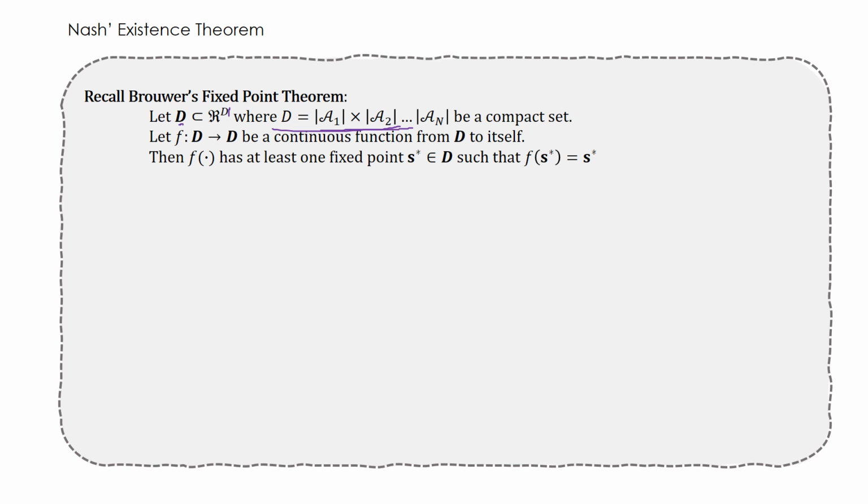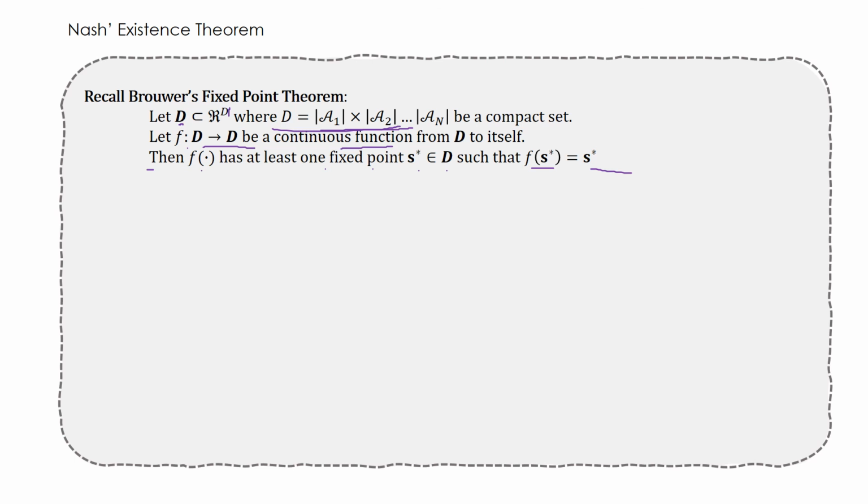And we consider a continuous function from D to itself, then this function has at least one fixed point S star in D, such that f of S star equals S star.